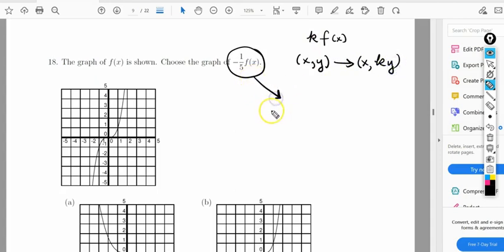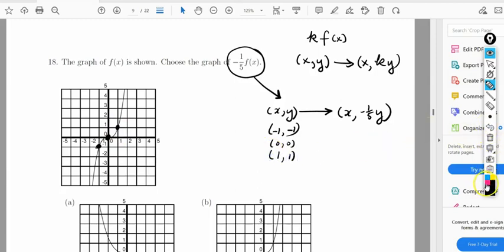So we're going to take a point on the graph, and it's going to be changed to -1/5 times y. Only the y coordinate will be changed. Now let's get some points that are easy to identify. Okay, so I've got -1 comma -1, this one here, then 0 comma 0, then 1 comma 1.